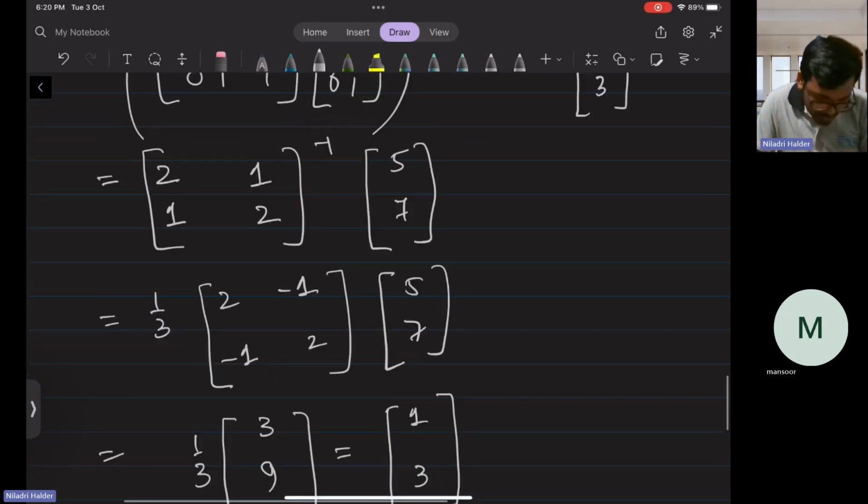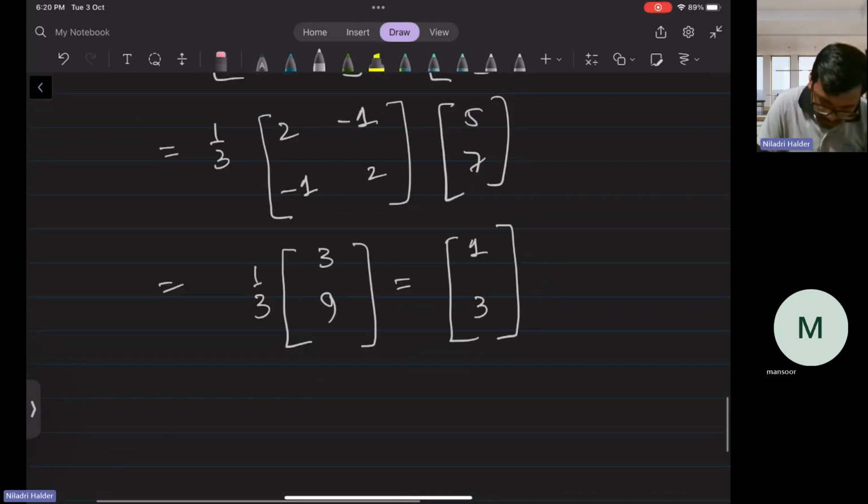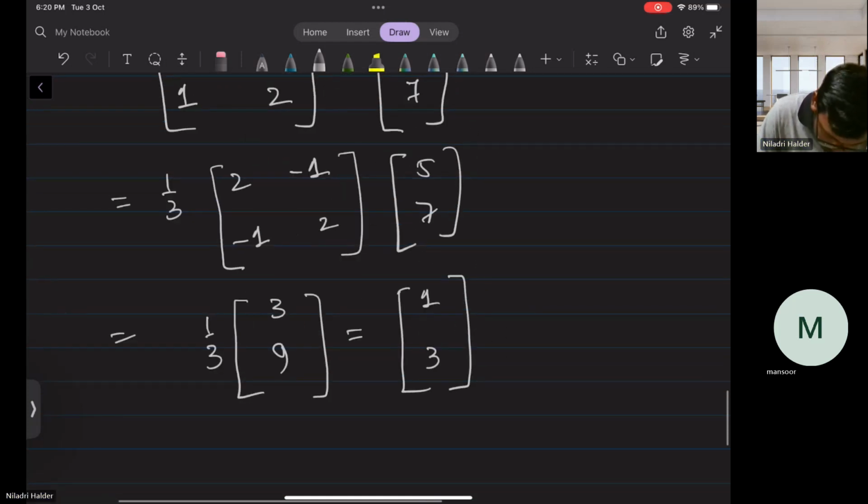So this is the estimate of non-zero elements. Okay, 1 and 3.